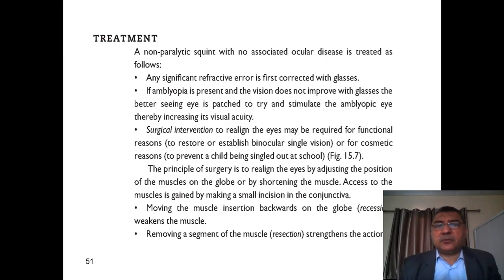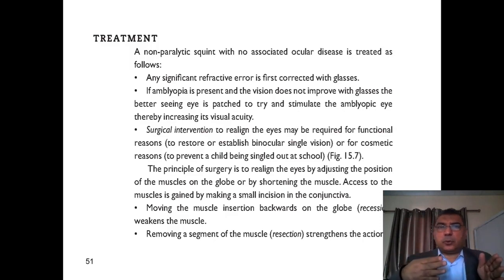So what is the treatment of this non-paralytic strabismus? First of all, we are going to give the child glasses if there is error of refraction. As we said, sometimes you may have anisometropia, or equal hypermetropia, as in our example, +7.